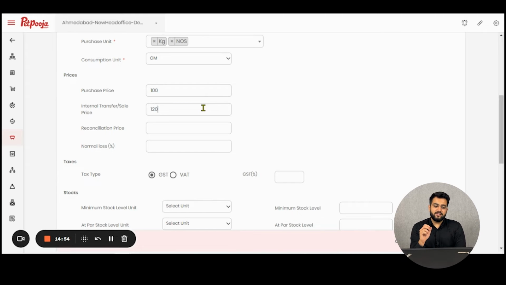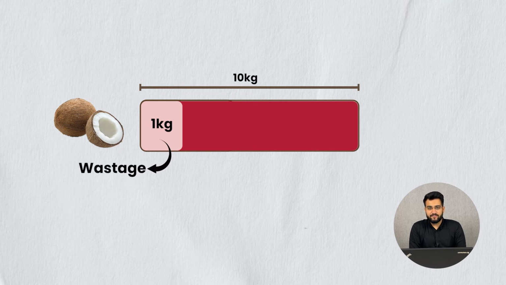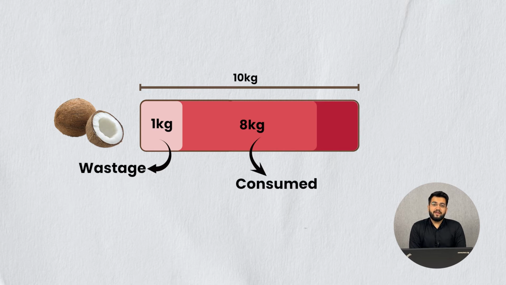The third price is of reconciliation price. I will give you an example for making you understand this. Let us assume that we purchased 10 kg of coconuts. From the 10 kg, 1 kg coconut was marked as wastage by my staff. The next 8 kg was consumed in making dishes. Now there's a difference of 1 kg left with us.